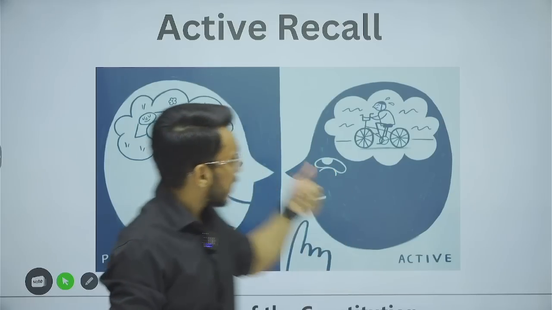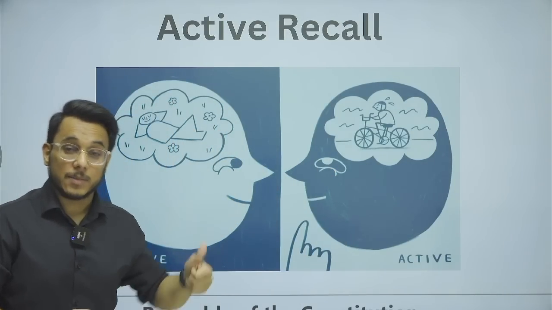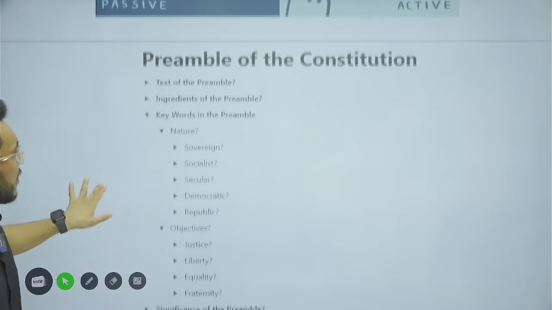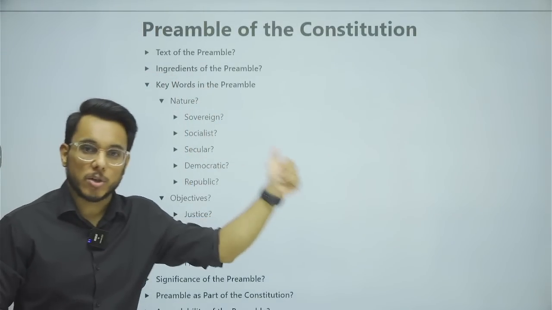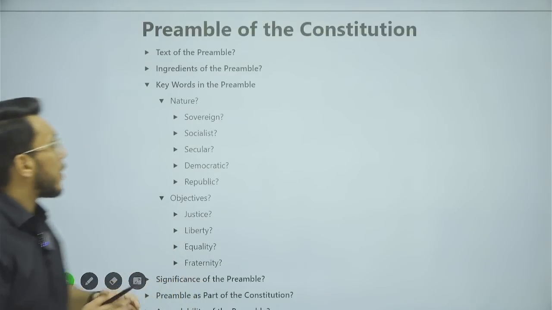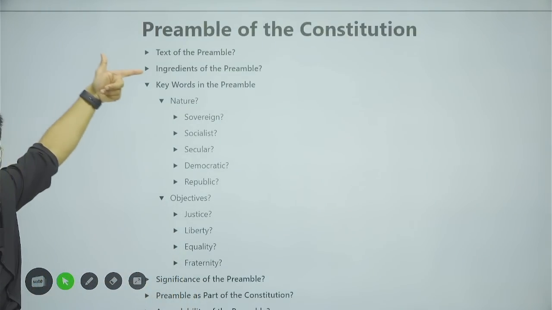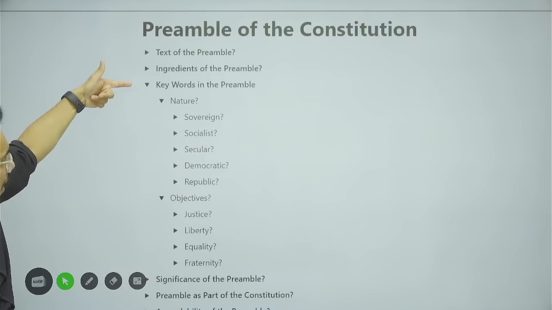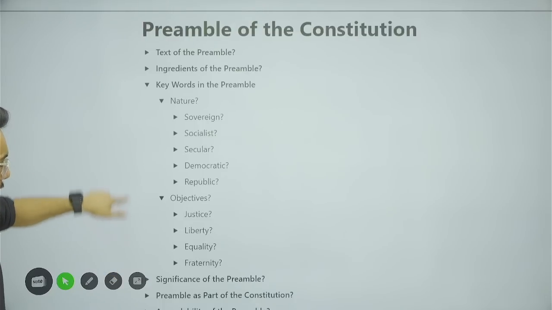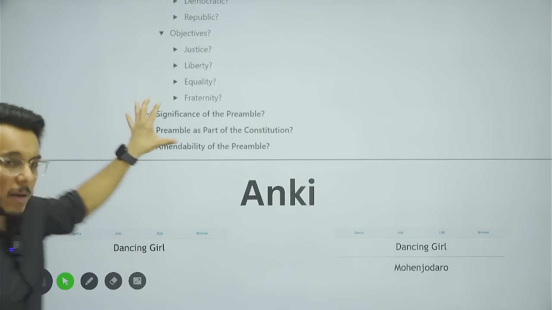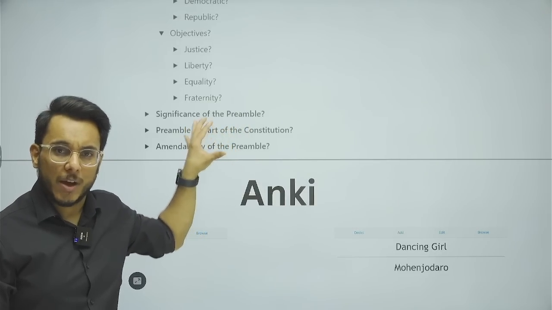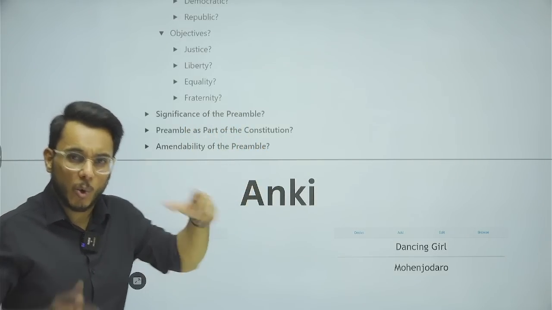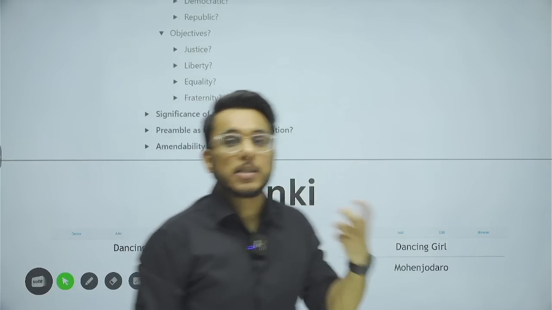During that time, recall what you have read. For example, you read the preamble of the Constitution chapter. Now just recall in your mind what the basic text of the preamble was, what the ingredients of the preamble are, what the keywords stand for, what the significance of the preamble is, whether the preamble is a part of the Constitution, yes or no, whether it is possible to amend the preamble, yes or no. In your mind just recall these particular things.